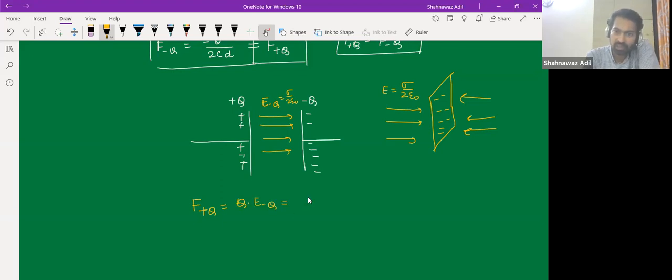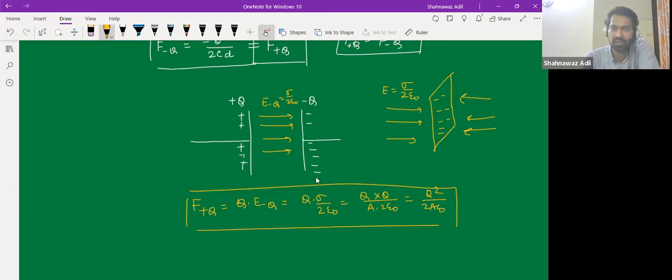So we will get q times sigma by 2 epsilon naught, which is q times q by A into 2 epsilon, so q square by 2A epsilon. You see that this is positive and that one is negative, so plus q will experience the force in this direction, and minus q will experience the force in this direction. Right?